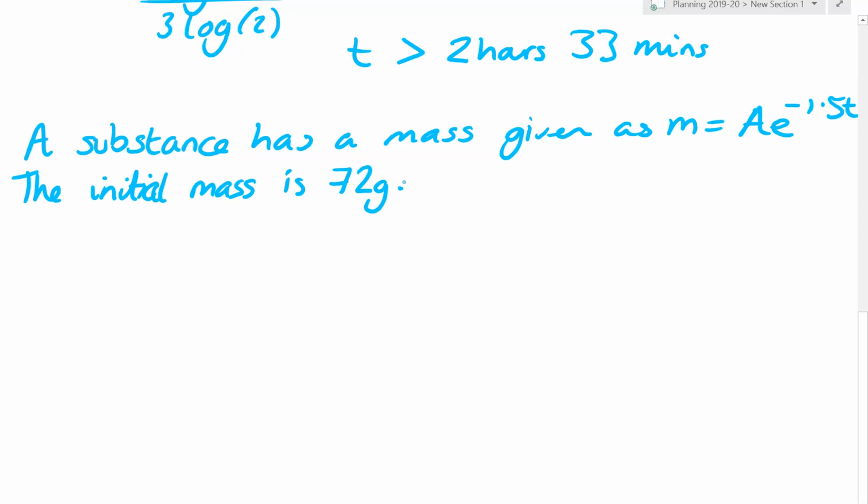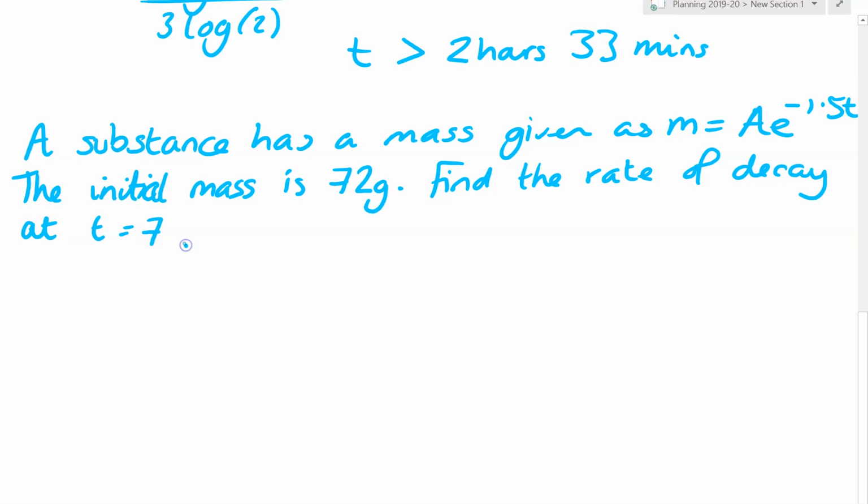And we want to find the rate of change, or rate of decay, at t equals 7.